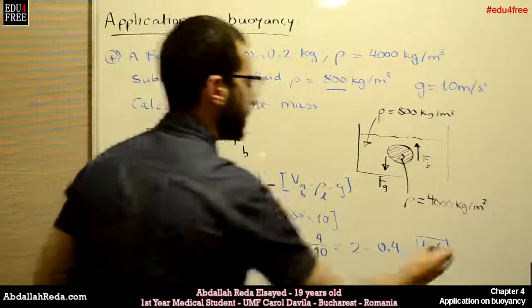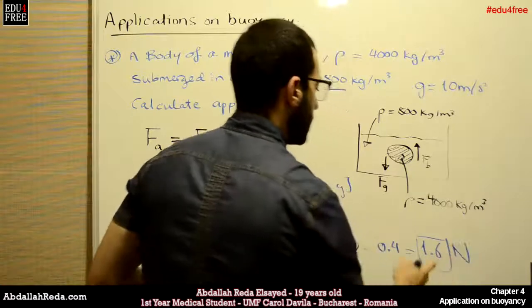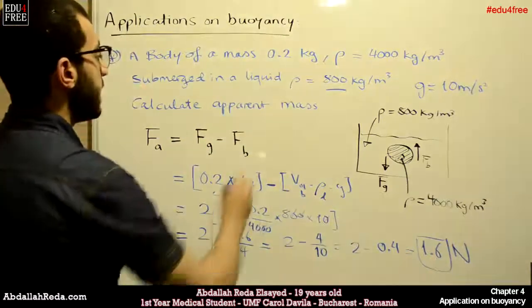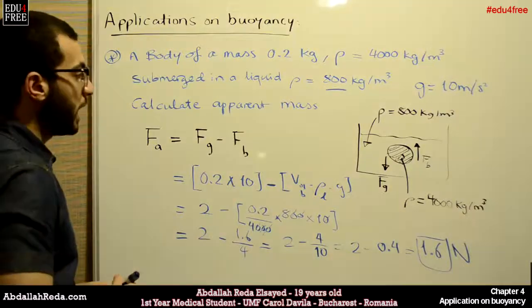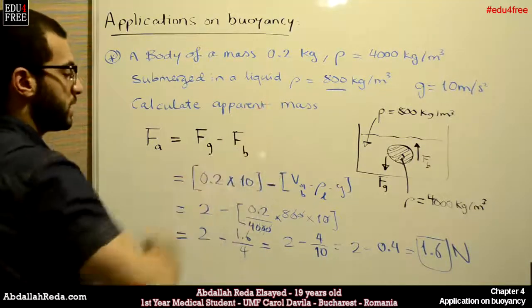So 1.6 newtons. This is the apparent weight, but we don't want the apparent weight, we need the apparent mass.